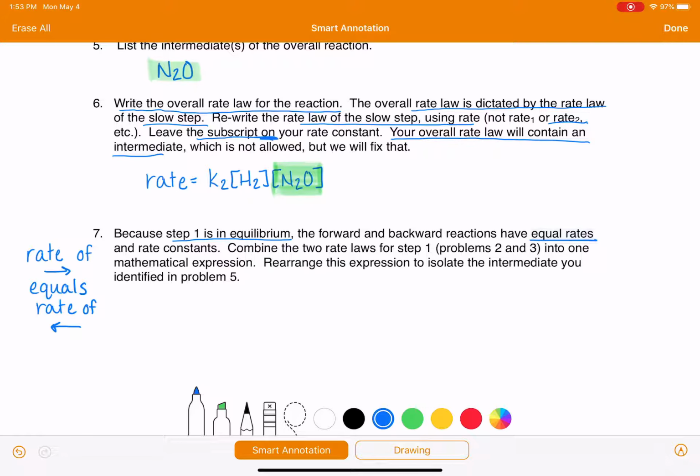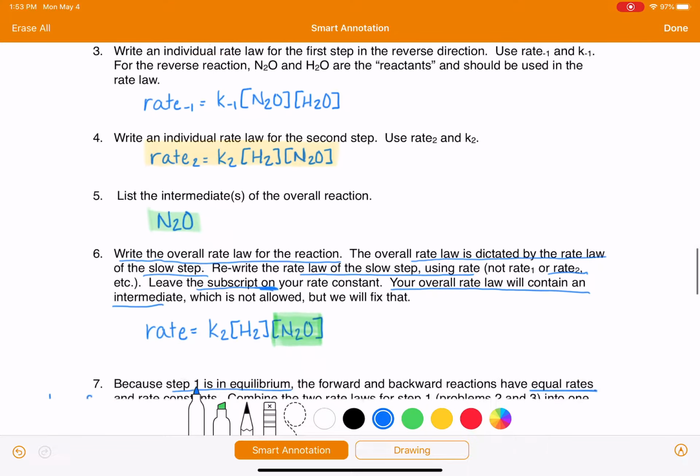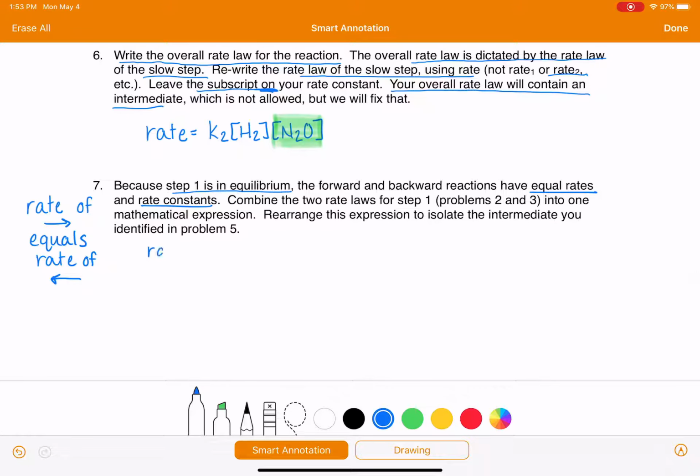Let's scroll back up and look at it again. For this step 1, which exists in equilibrium, we can say that the rate of the forward reaction is equal to the rate of the back reaction.